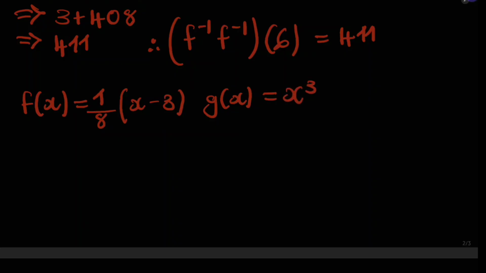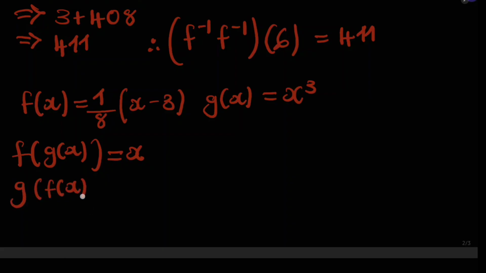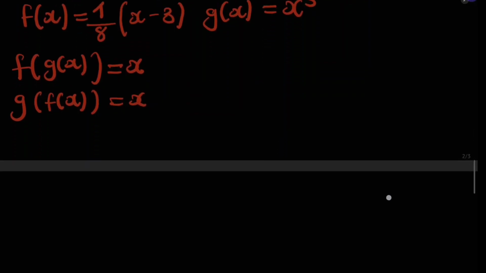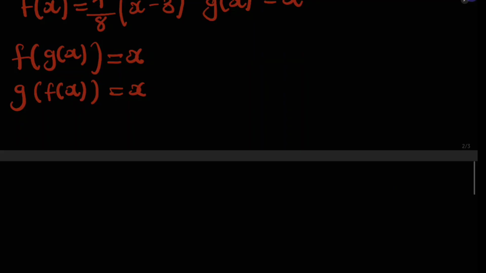Now to determine if they are inverses, remember I said f of g of x should be equal to x, and also g of f of x should be equal to x. That is the condition.